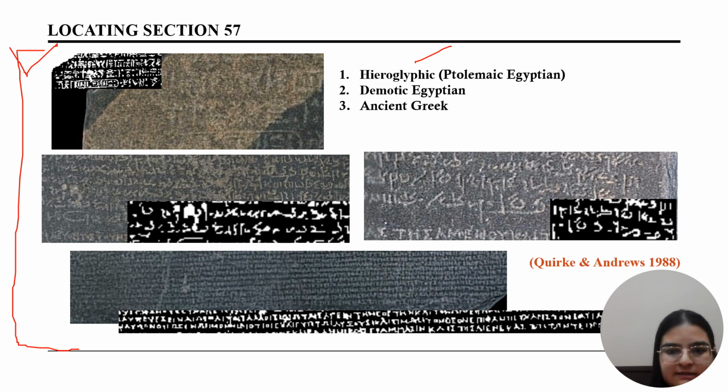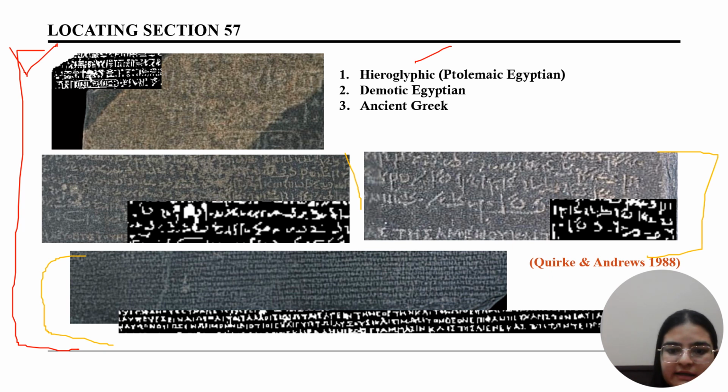It is also known as a script. The second one is the middle section, known as the Demotic, and it is shown like this. And the third one is the ancient Greek script, which looks like this.